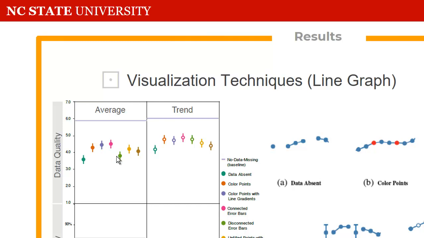There's an interesting point here, that one method of annotation has higher data quality, while the other one has lower data quality. And the pattern for trend is not the same, but still we can see that highlighting and annotation have higher data quality. And for accuracy, the changes are very close together.